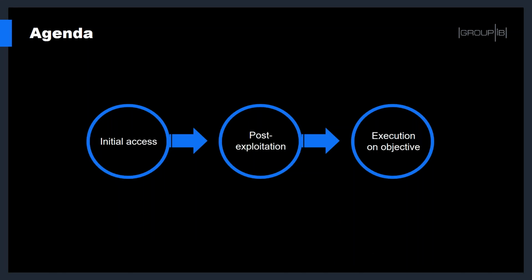Okay, so what are we going to talk about today? The whole webcast is divided into a few parts. The first part, maybe one of the most interesting parts, is initial access. We'll discuss how these different ransomware operators got initial access to their targets. It, of course, may be a single server, it may be the whole network, and a multi-million ransom in the end.